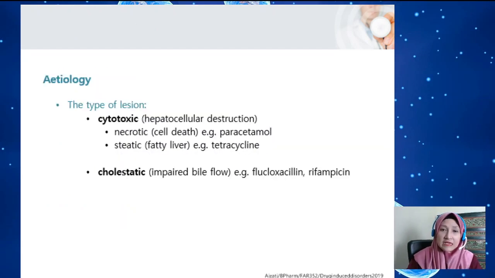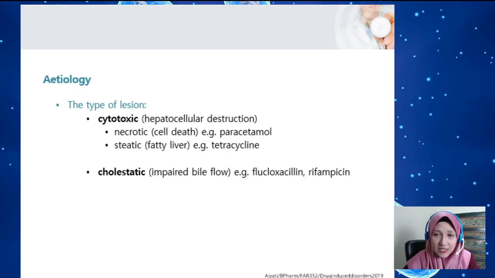And in terms of the etiology or the development of this ADR, the type of hepatotoxic effect can be divided into two, whether it's cytotoxic or cholestatic. So cytotoxic is related to the disruption of the cells in the liver, and it can either cause cell death, which is necrotic, or steatotic, which causes a fatty liver.